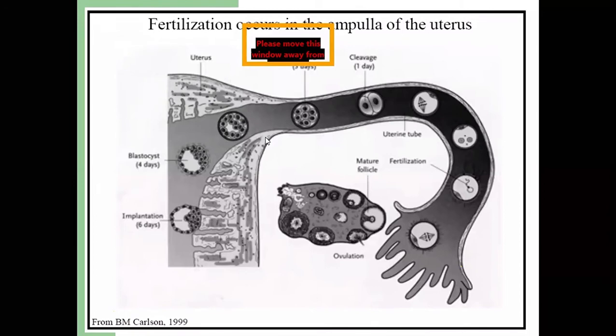Next, it will be 4 cell stage, then 8 cell, and so on, doubling every day. Okay. And after which you will have a morula, a berry of cells. Morula will have 1, 2, 3, 4, 5, 6, 7, 8 cells.